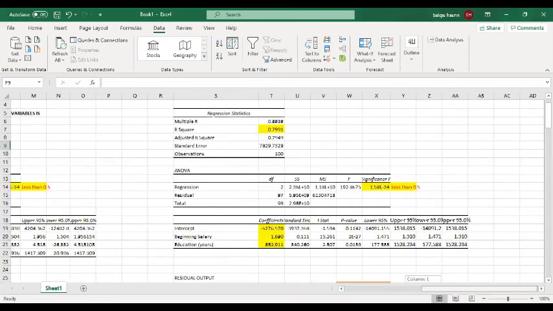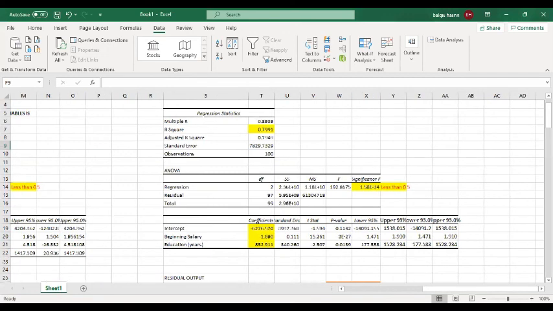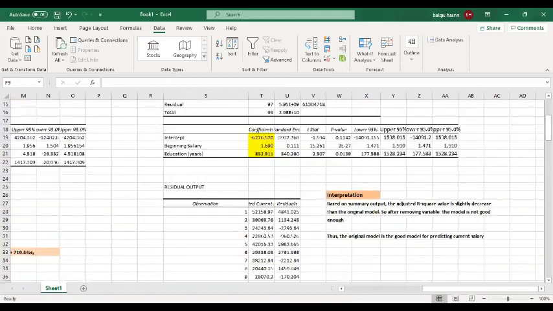After removing the explanatory variable, previous experience, in the second model, the model was not a good fit. Therefore, the original model is the better model for predicting current salary compared to the second model. So, that's all from me.